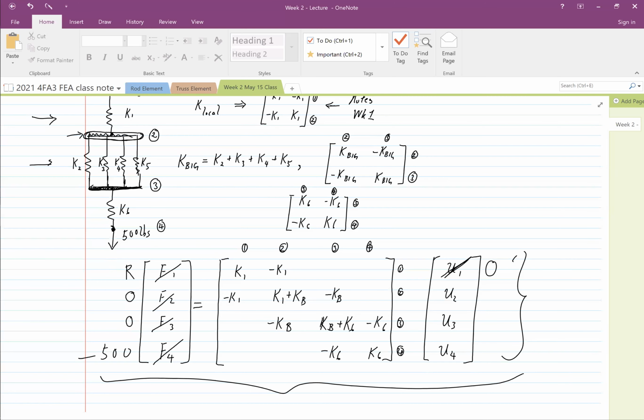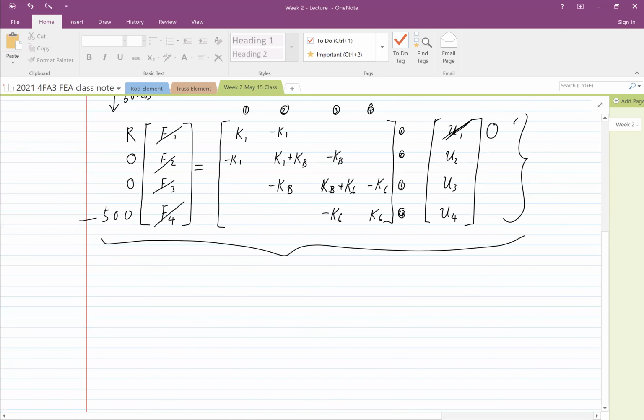Chris, I was thinking we would find the F2 and F3 too, because in a way F1 is also more of like an internal reaction force, right? Globally, there's no applied force on nodes 2 and 3.